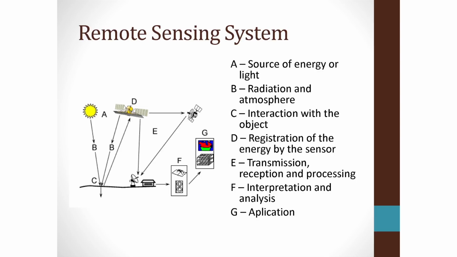What we get on the sensors is the result of the energy reflected by the surface of the Earth, but also of all the interactions in the atmosphere. So we have some information about the objects, but we have a lot of noise on these images.